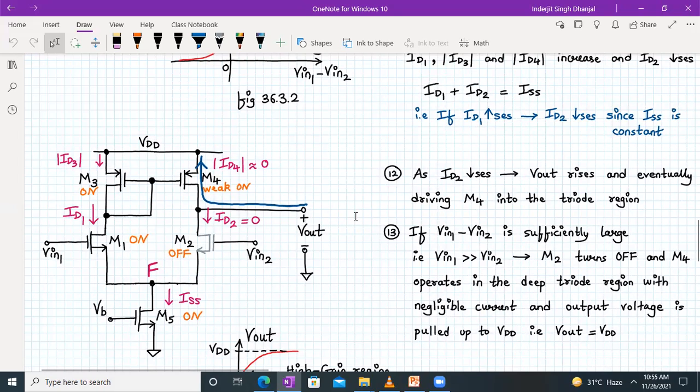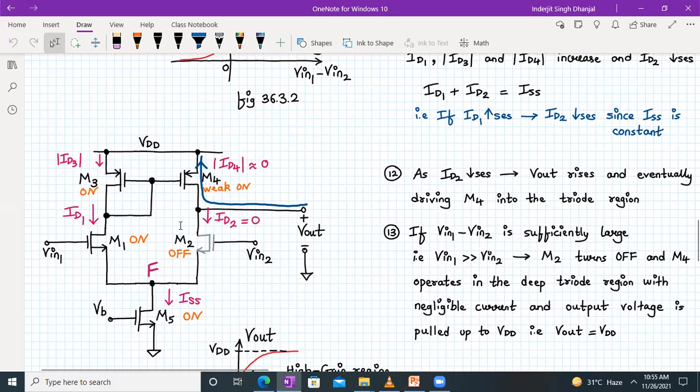Now what will happen is, if the Vin1 minus Vin2 difference is sufficiently large, that means if Vin1 is sufficiently large as compared to Vin2, then your Vin2 will not be enough, the voltage will not be enough to turn on the M2 transistor. So M2 will be off, right?